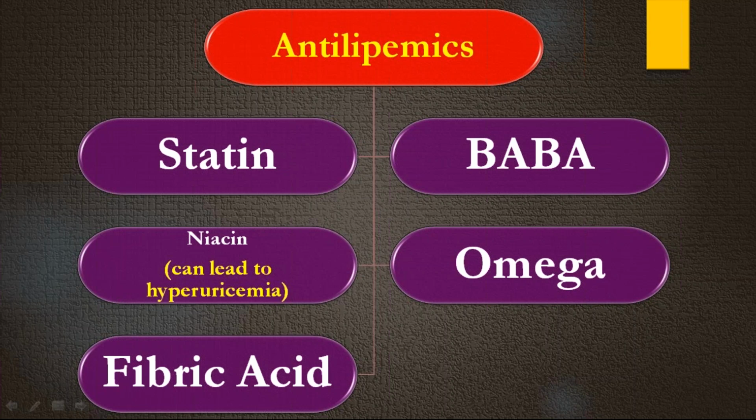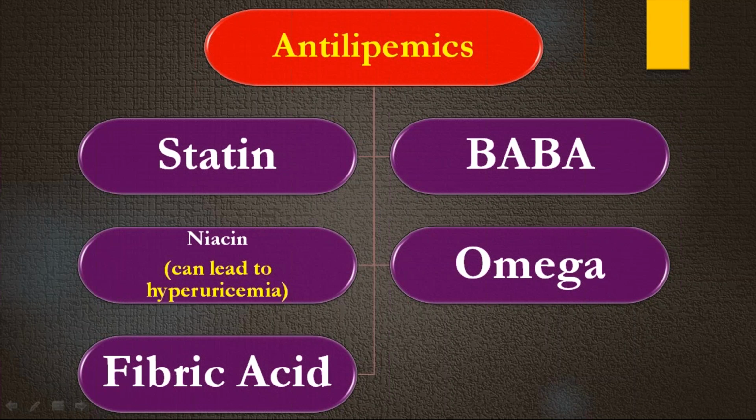In general, the antilipemics, some more than others in any of these that I mentioned, basically have the same activity. All of them are going to increase the good and decrease the bad.